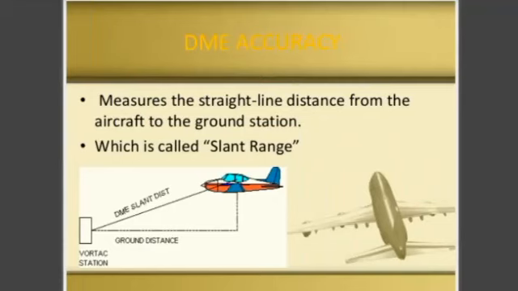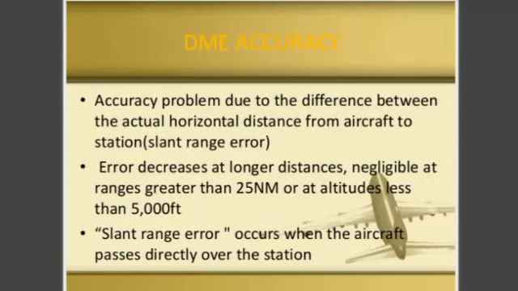So the difference between the DME slant distance and the ground distance is known as slant range error, which is the accuracy problem in DME, which is the demerit of DME. That is, the exact ground range cannot be measured. We get only the slant range. The difference between the slant range and the ground range is known as slant range error.